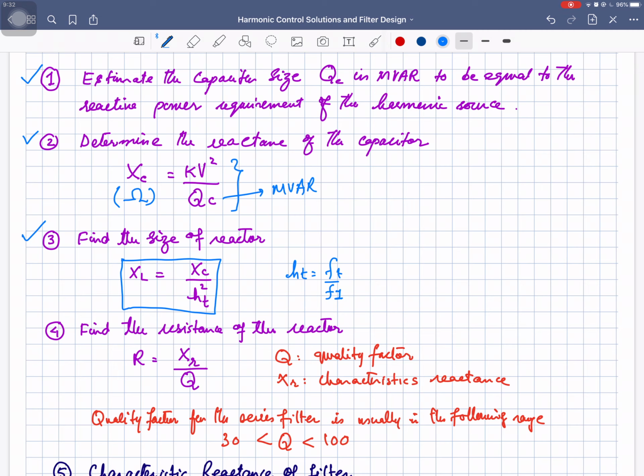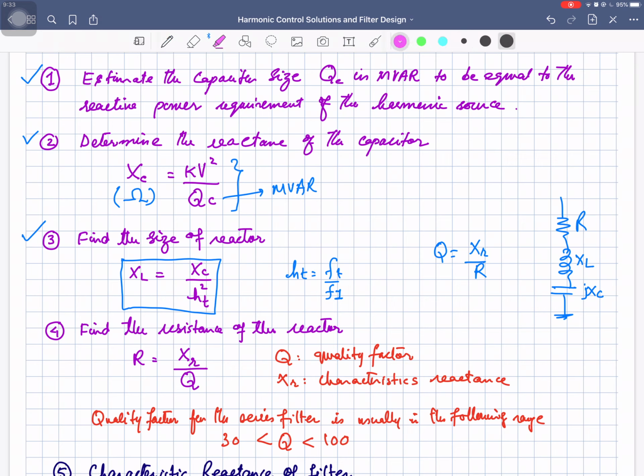And then you can find out the resistance that will be there in series with that inductor and the capacitor by using the concept of the quality factor. We know that the quality factor for the series RLC circuit is equal to XR over R, where XR is the resonant reactance or the characteristic reactance.